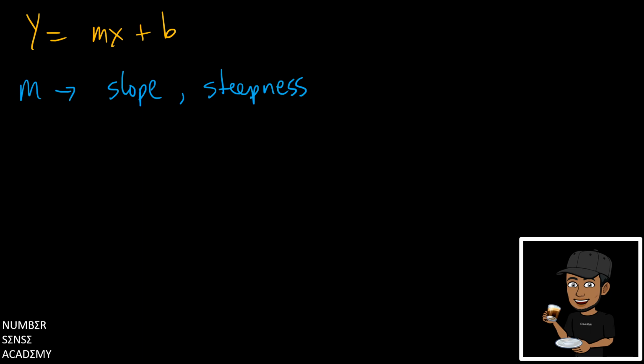If you're climbing up a mountain and you're going up the side of a mountain, that's going to have a slope. And it could be really steep or it could not be steep at all. Or if you're walking on the road, that doesn't have any slope because it's just flat, unless you're going up a hill. So the m is the slope. What it also tells you, it tells you the direction.